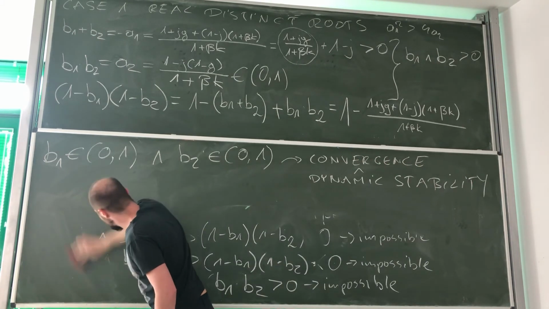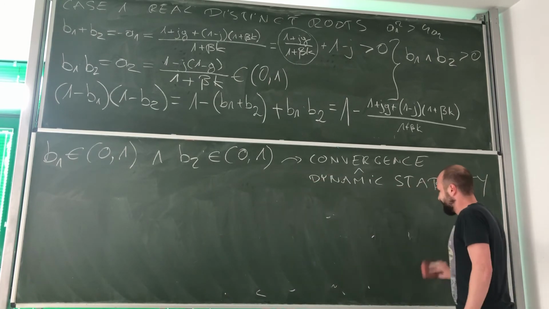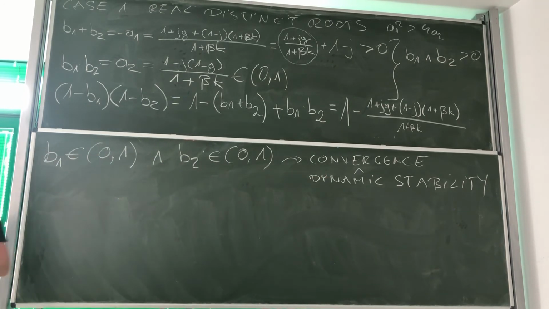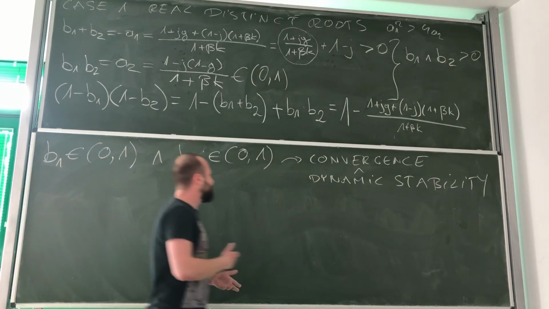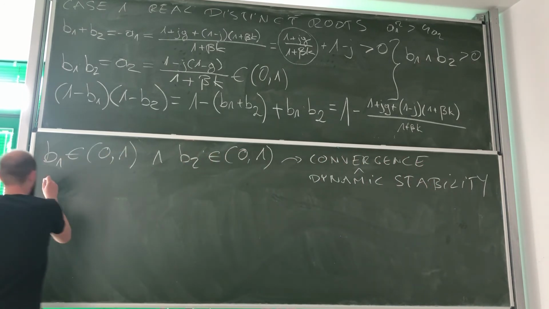Okay, so now that we know that under case number 1, we've got convergence, actually demonstrating that the same is going to be true for other cases is relatively trivial.